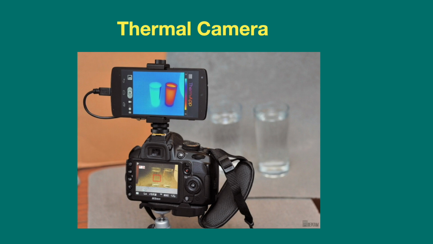The image is constructed from the differences in heat levels that objects have in the space. So if we have equipment in the room and it is energized, it will be seen as brighter, and in this way it can be detected.